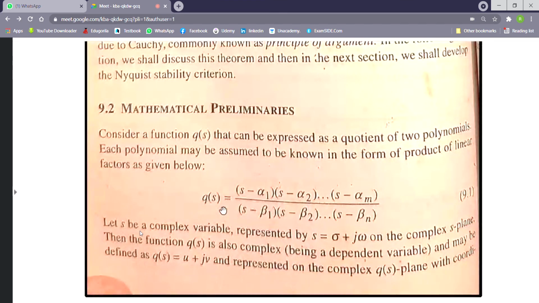Have you understood this? Yes, ma'am. Okay. So we are assuming that the value of S that we are choosing is not equal to these alphas or these beta values, and Q(S) does exist. Since S is a complex variable, Q(S) will also be complex and can be written as some U plus jV.